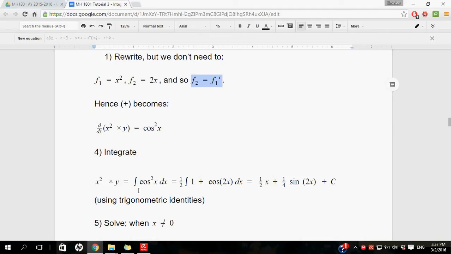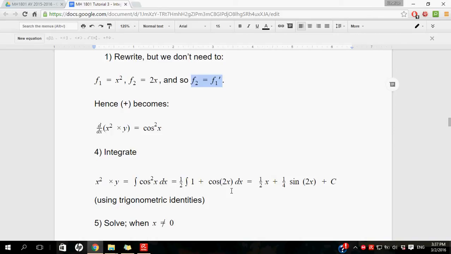We have to integrate that, but it turns out we can use a trigonometric identity to convert cosine squared x into half times 1 plus cosine of 2x.